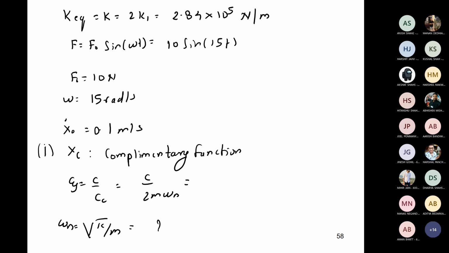Underdamped. Underdamped. Okay. So what is the damping ratio you get, zeta? 0.189. Zeta is 0.19. So this is less than 1, so it is an underdamped system.